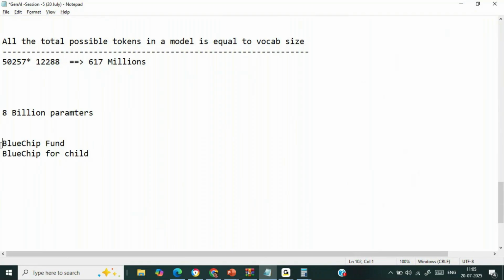Once the matrix is prepared in this particular way, blue chip for fund, for children, we will have different weights, probably blue chip for children and blue chip for fund.